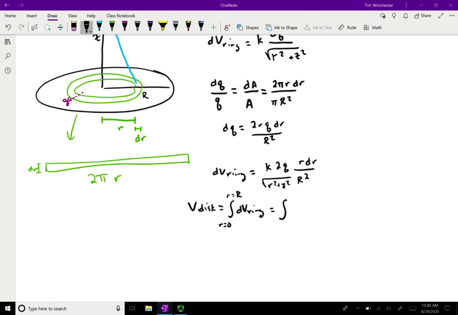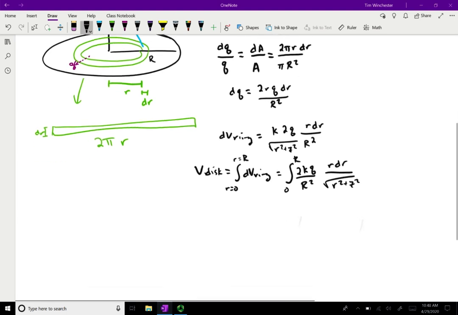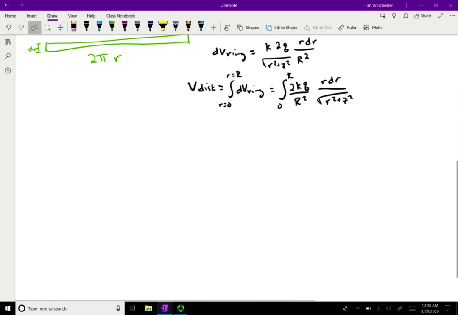So I've got the integral of 2kq over capital R squared, r dr over the square root of r squared plus z squared, from 0 to R. Okay, so at this point, that's basically it. All we have to do is do the integral, which is not actually all that difficult.